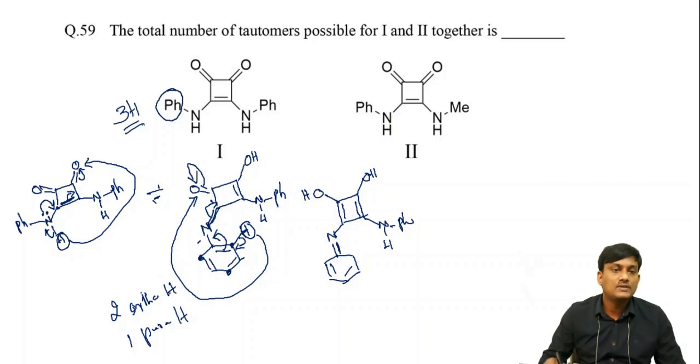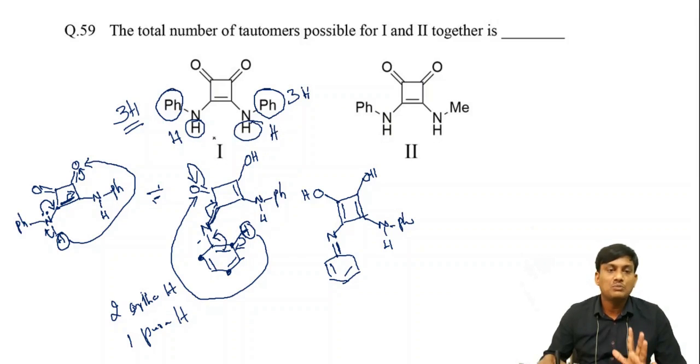These 3 hydrogens will participate in tautomerism, and this hydrogen will participate. Again, in this phenyl ring, 3 hydrogens will participate, and this hydrogen will participate. So, for this molecule, how many tautomers will be possible? You have 3 plus 1, 4, and 3 plus 1, 4, 8 tautomers are possible for the first molecule.